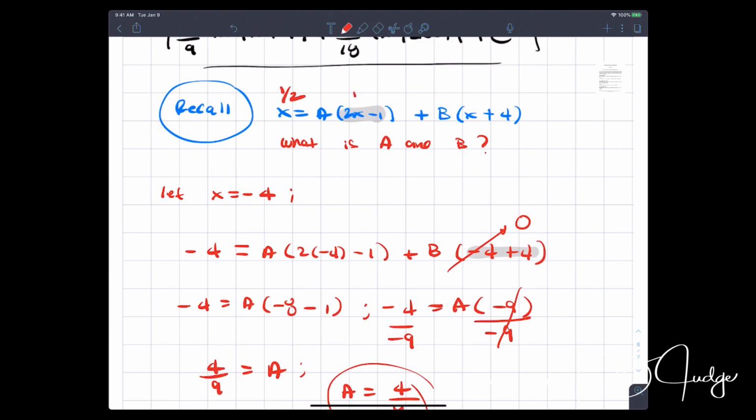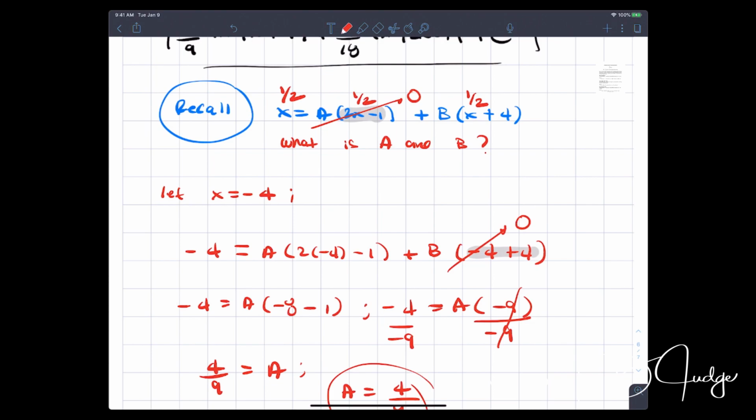1/2 here, 1/2 here, 1/2 over here. You already know this portion will be 0. This is gone. Because 2 times 1/2 is 1, and 1 minus 1 is 0.